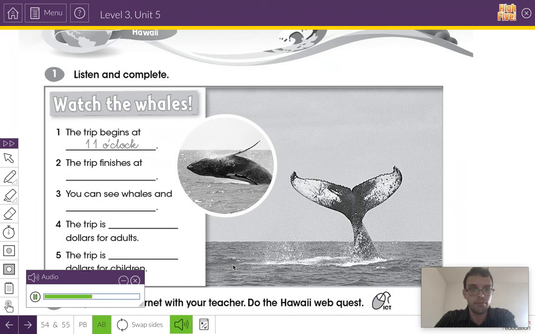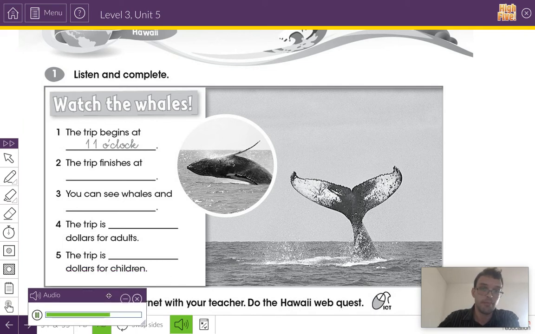And what can you see on the trip? You can see whales, and you can see dolphins too. Fantastic! How much is it? Let me see. It's $10 for adults, and it's $5 for children. Can we go, Dad? Please? Okay, let's go and buy the tickets. Hooray!